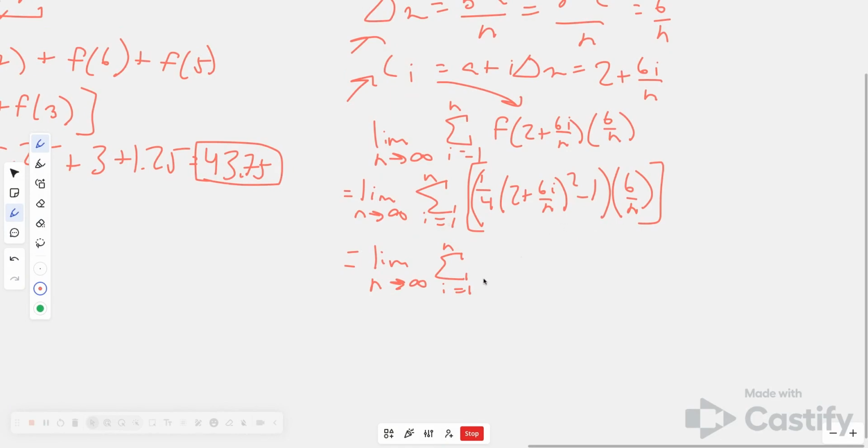So we're going to distribute here, and we get 3 over 2n times 4 plus 36i squared over n squared plus 2ab, so that'd be 24i over n, minus 6n.